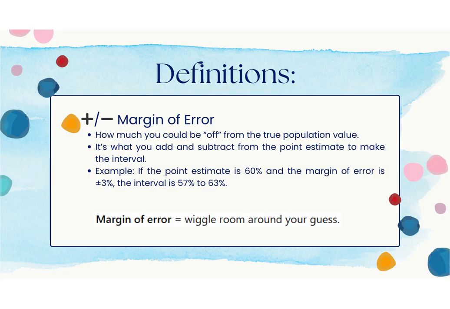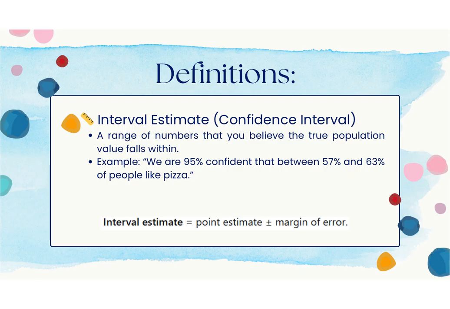Last but not least, your interval estimate is your confidence interval. When you find that estimate, you add 3 or subtract 3, and you can then conclude we are 95% confident that between 57% and 63% of people like pizza.